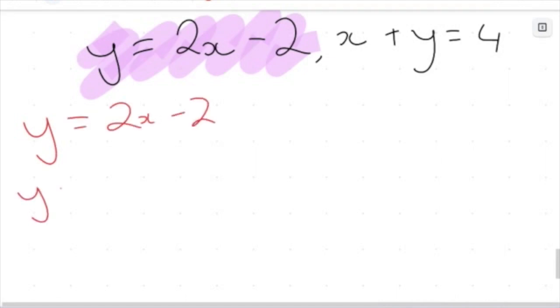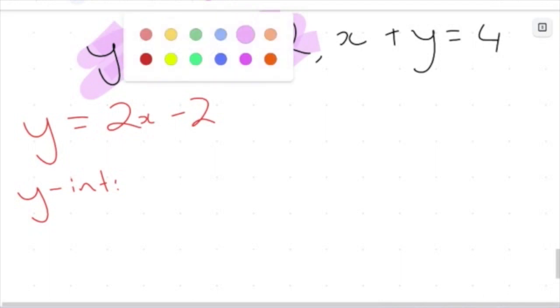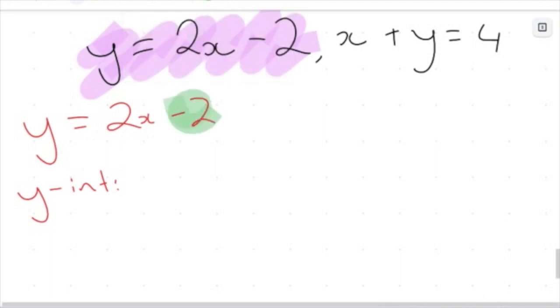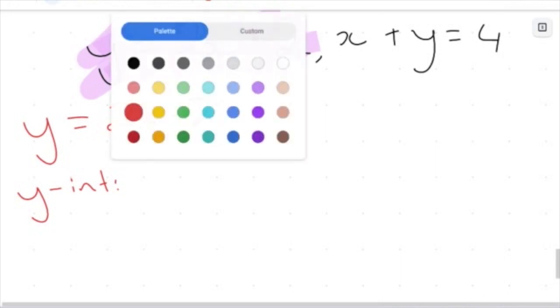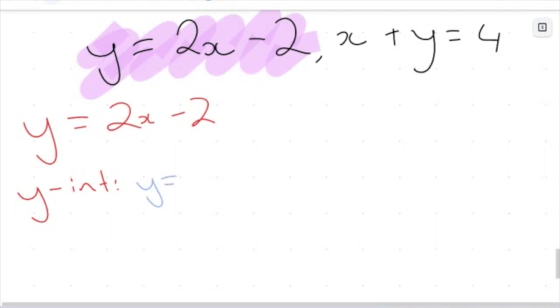If we remember from our equations of lines, y equals mx plus b, this b is our y-intercept. So I can just read that straight off. Or I could have also substituted x equals 0, but my y-intercept happens at y equals negative 2. So the negative 2 on the y-axis.